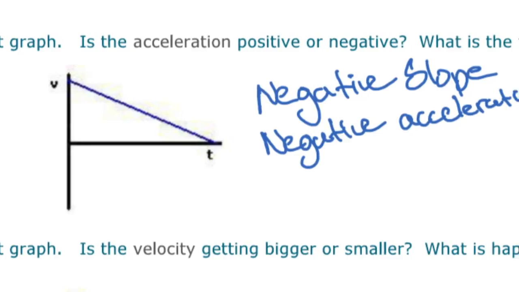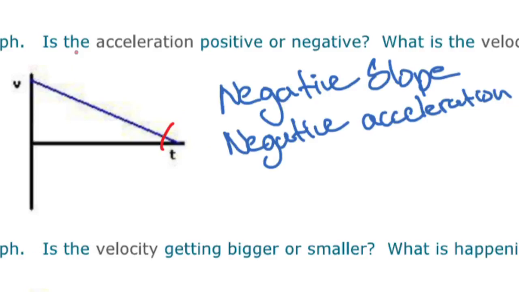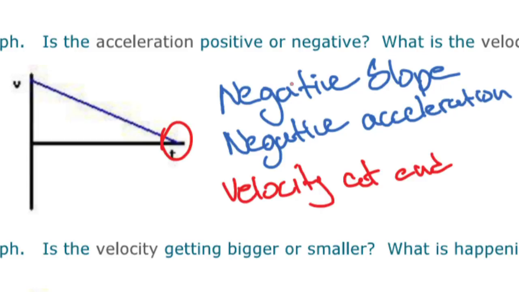And the velocity at the end of the trip. So we go to the last point here. What's our velocity there? What do we think that velocity is? What is the significance of this horizontal line?